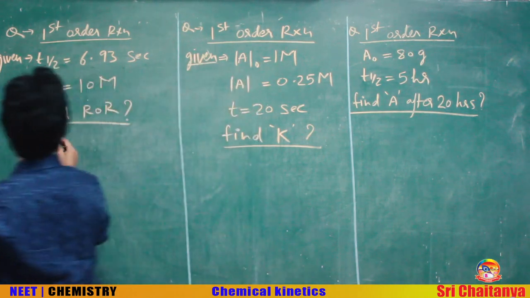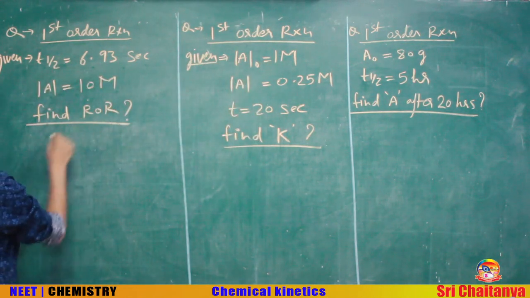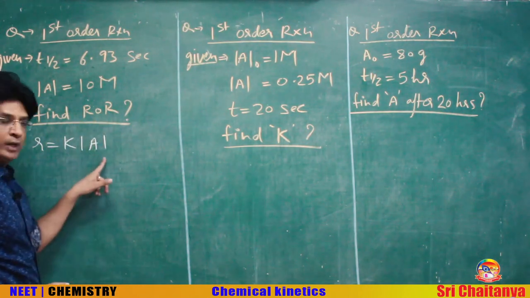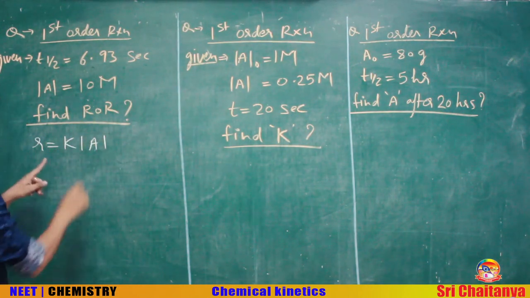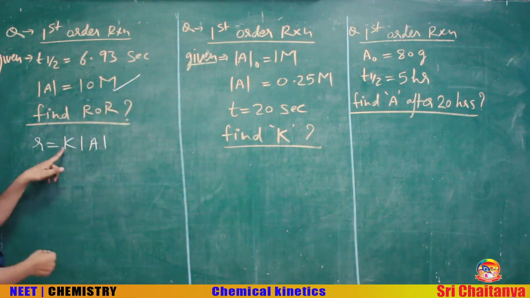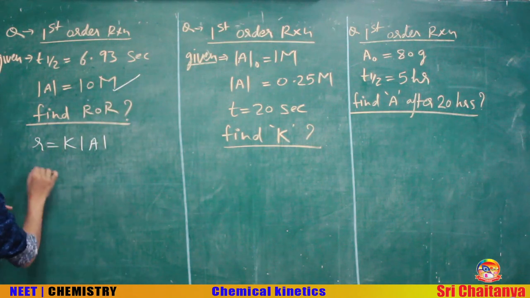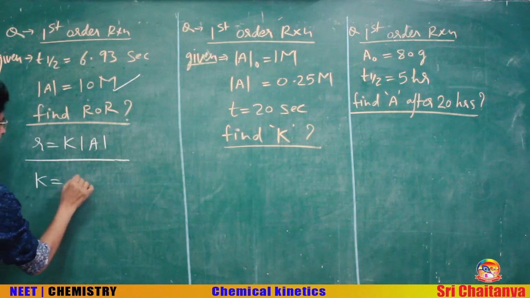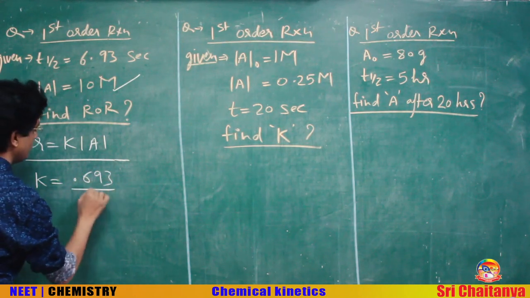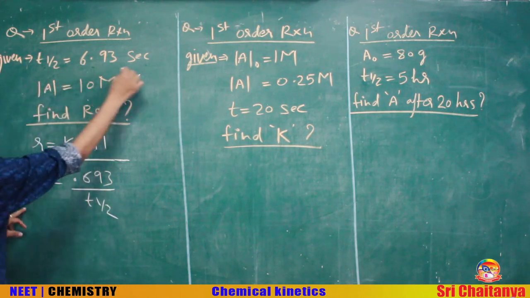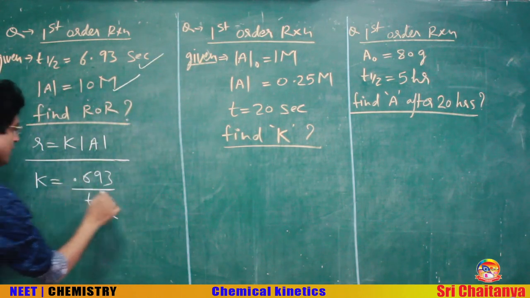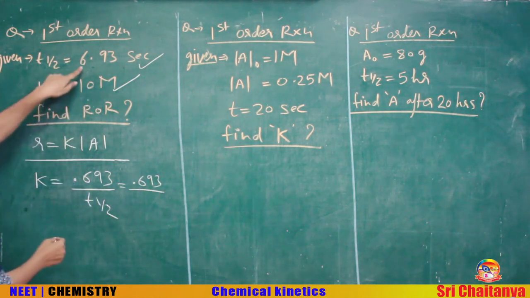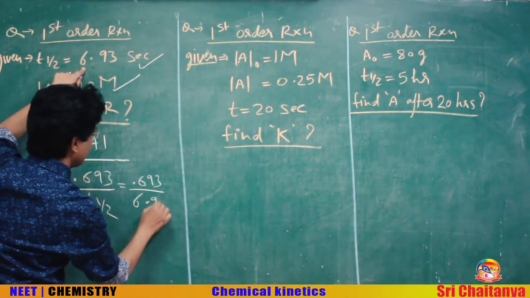Now see that for a first order reaction, rate will be K A to the power of 1. This is a first order reaction. Now I know A, this is given to me. I need to find out K, and for a first order reaction, I know that K is equal to 0.693 upon T half. T half they have given me. So I can very well calculate, this will be 0.693 upon 6.93.